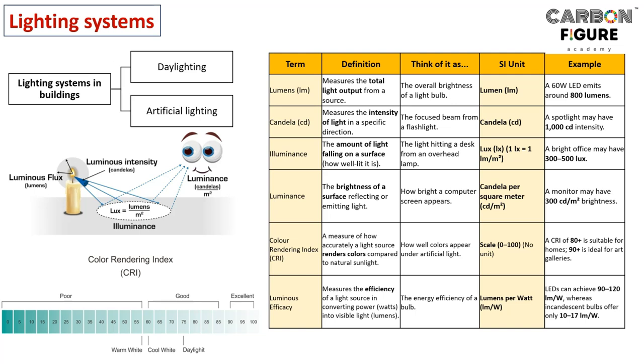Lumens means total light output. LEDs can achieve 90 to 120 lm per W, whereas an incandescent bulb offers only 10 to 17 lumen per watt. Now you can understand these are the different terminologies which would be required to be remembered, especially from an exam point of view.